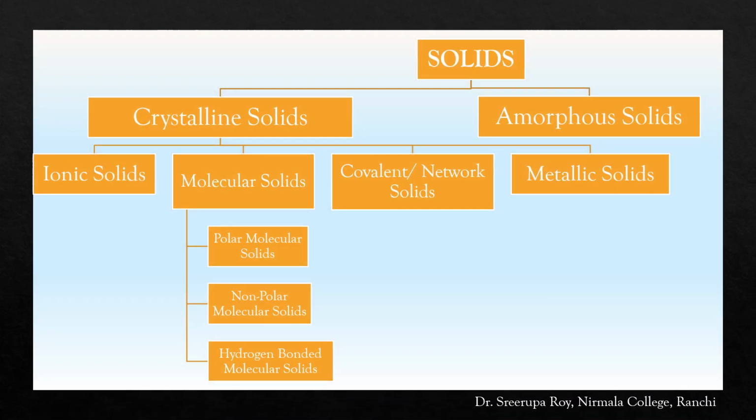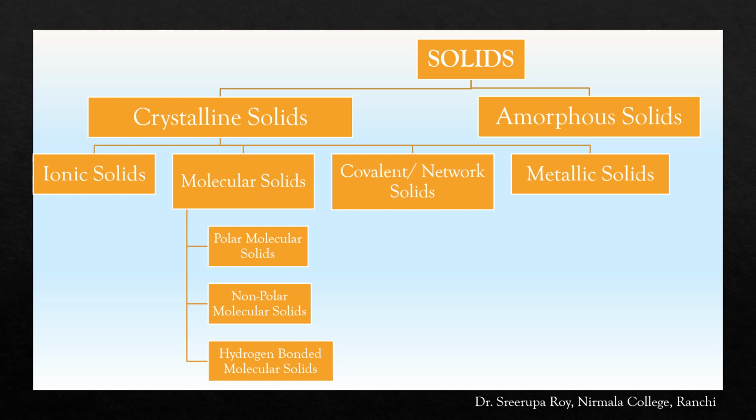In today's lecture, we are mainly concerned with the study of the different forms of solids. As you can see in this flow chart, based on the different arrangements of the constituent particles in solids, solids are broadly classified into two categories: crystalline solids and amorphous solids.